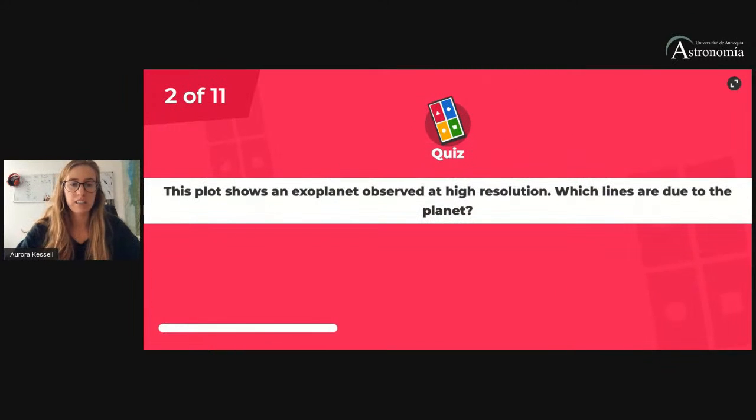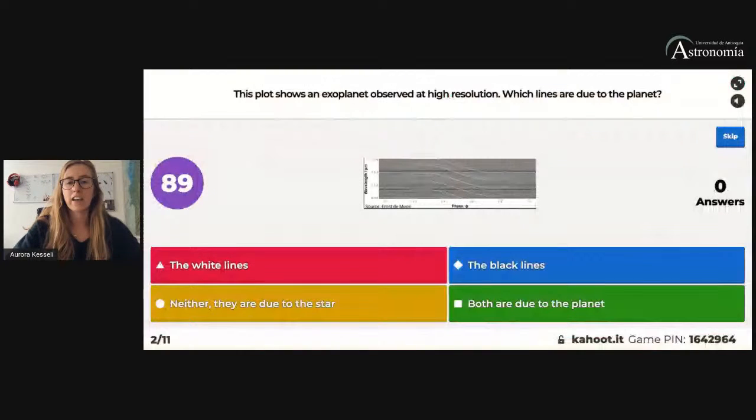All right, next. This plot shows an exoplanet observed at high resolution. Which lines are from the planet? So are the white lines from the planet, the black lines from the planet, or neither, they're both from the star, or are both from the planet?